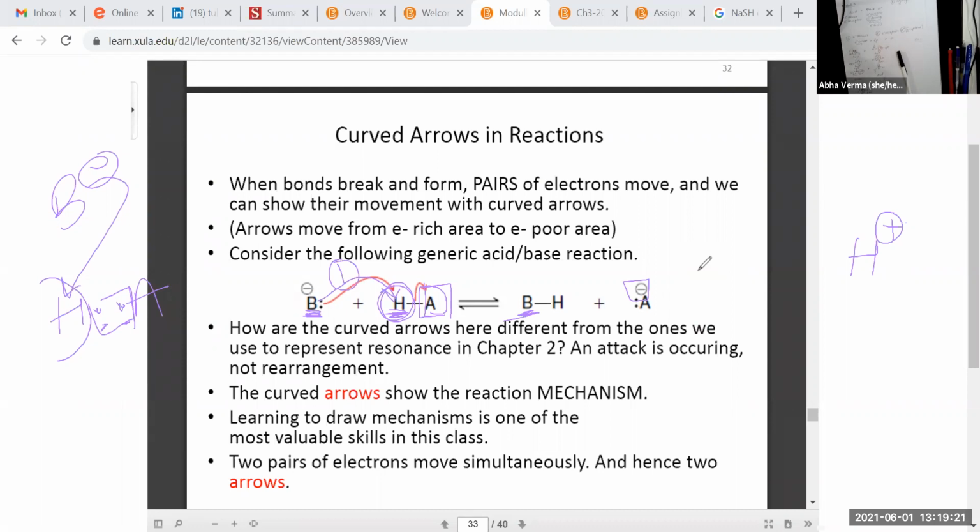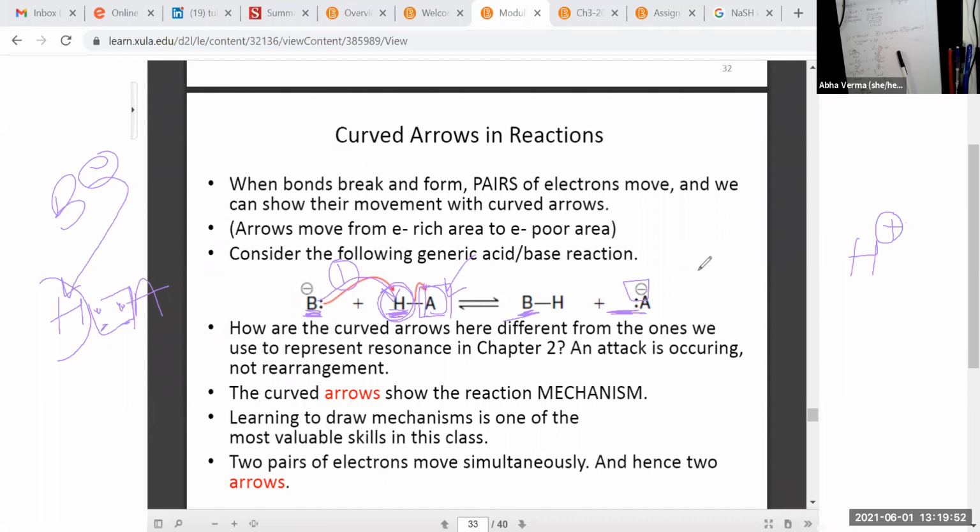So we say here that the base attacks the acid and takes away the proton, or we can also say that the base has abstracted or extracted, or in layman's terms, kidnapped the hydrogen from its original molecule. So we say that the acid has now lost its proton.